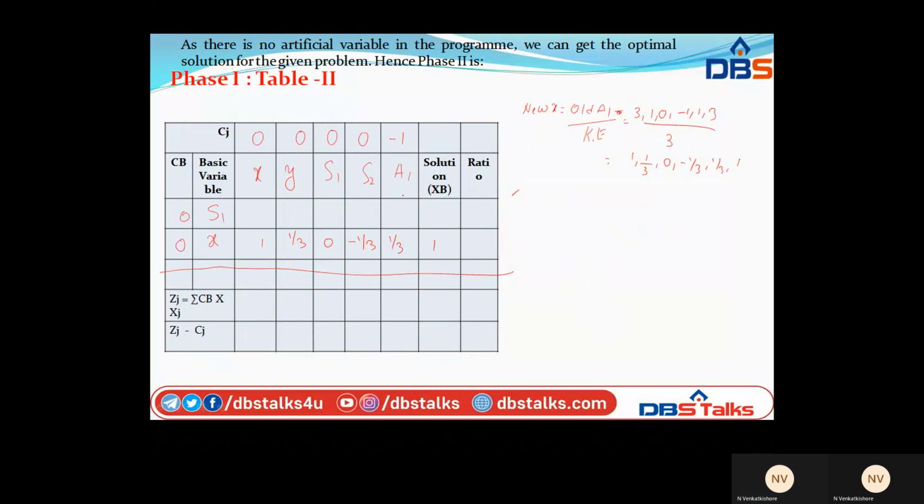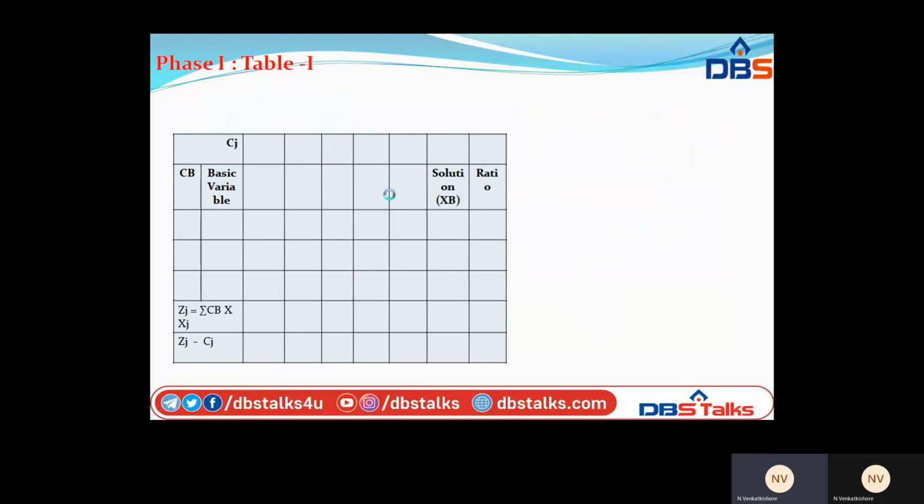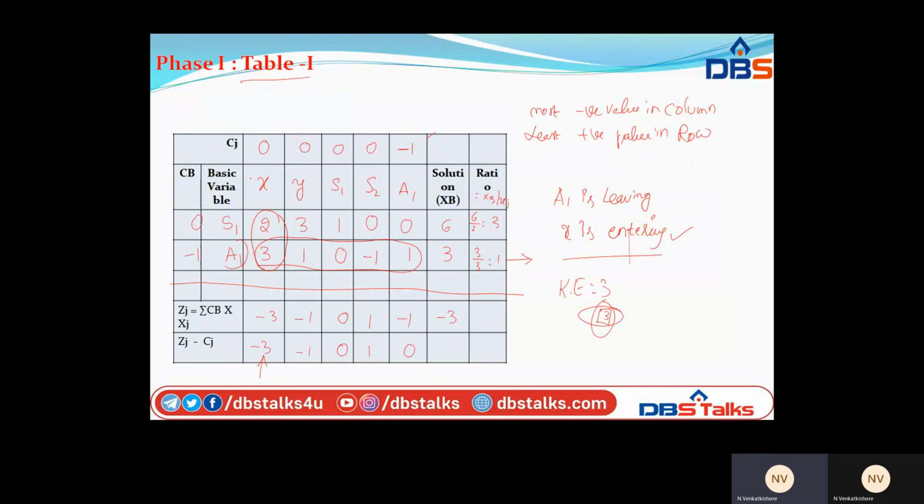The solution is there, and after that we know a simple hint: whenever we get 1 in the artificial variable or in the variables S1 or S2, we need to follow the identity matrix procedure. Where the identity matrix is there, what are the basic variables we have?